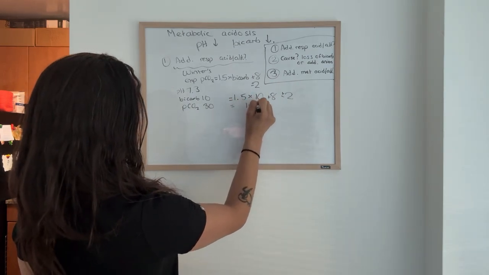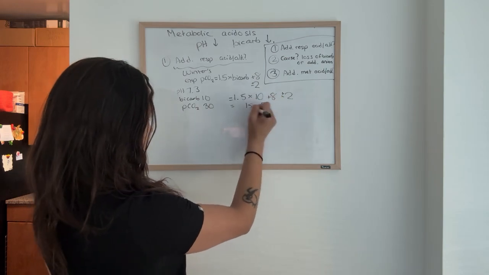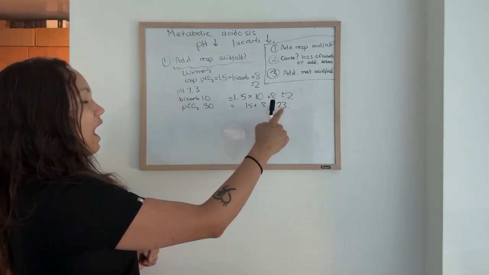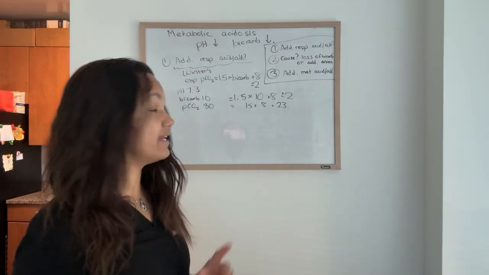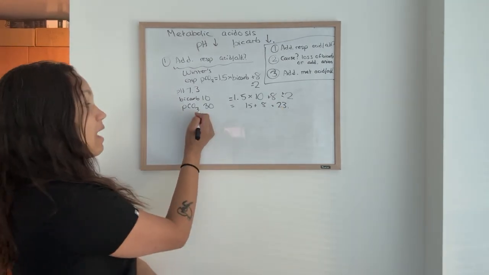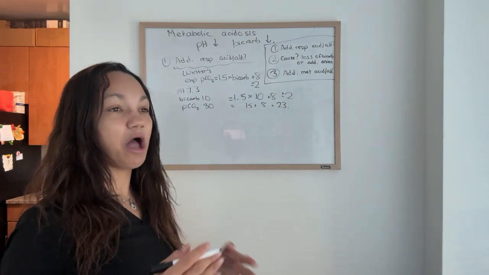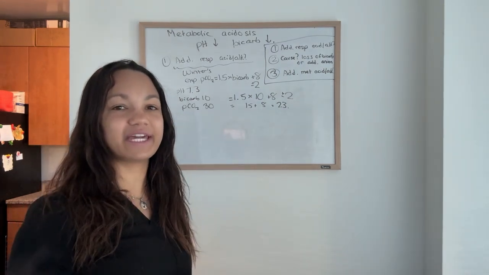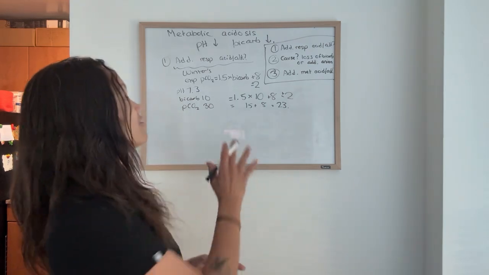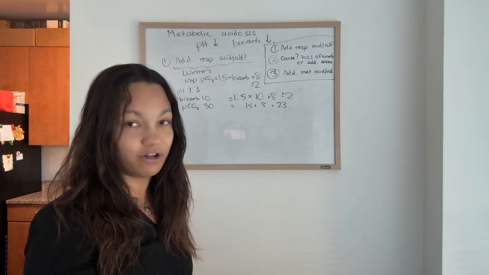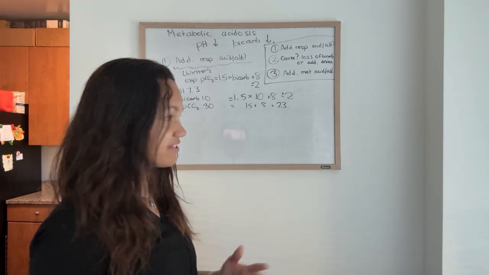So that's 15 plus 8, or 23, with wiggle room. So my expected PCO2 is 21 to 25. My actual PCO2 is higher than that, it's 30. Remember, a high PCO2 indicates a respiratory acidosis. So in this situation, I have a metabolic acidosis and an additional respiratory acidosis.